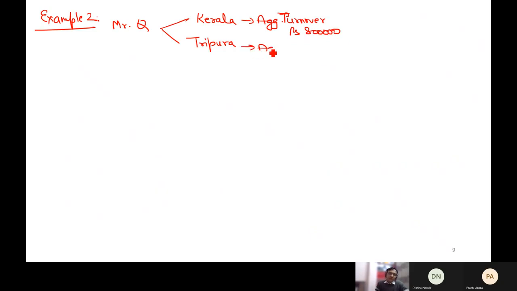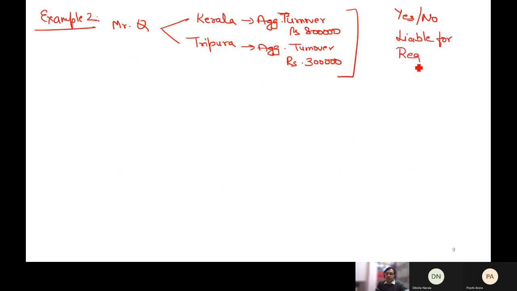In Tripura, the aggregate turnover is 3 lakh. Can anyone tell me whether this person is liable for GST registration or not? Yes or no?